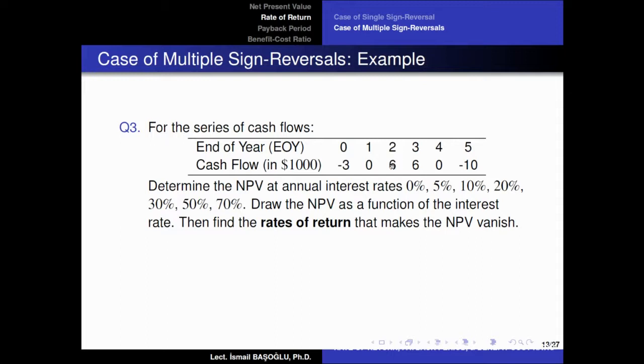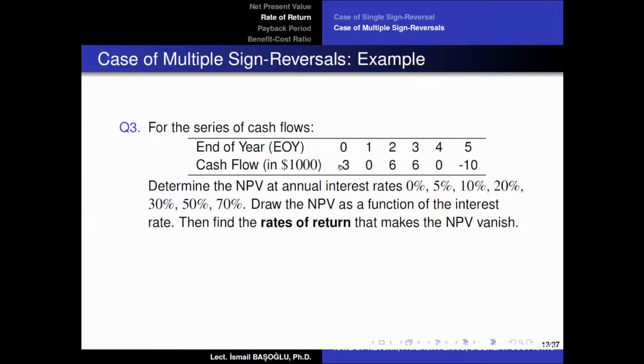Our objective is to find the rates of return that make the net present value vanish. So we are going to see at how many different points this net present value function can cut the horizontal axis.